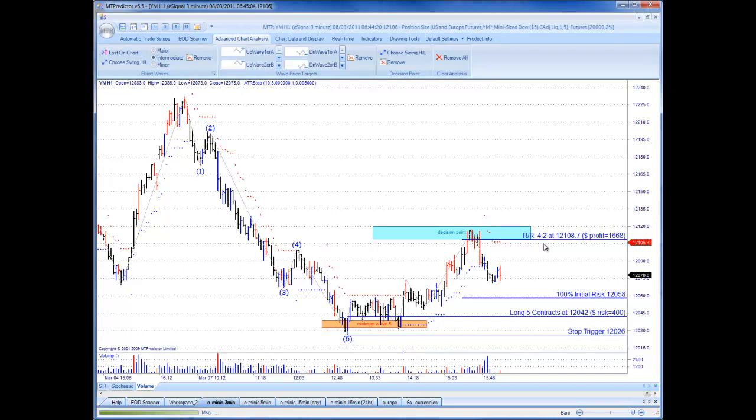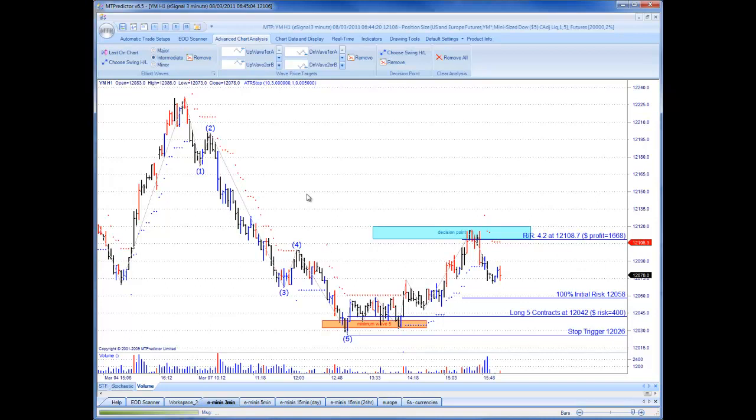So the answer to does Elliott Wave work? Well, yes it does, and as you can see, Elliott Wave patterns unfold in the markets regularly day after day after day. You just need a software program that can help uncover these trades and also give you levels of where these waves are likely to end, and also levels where you can get targets for placing trades off the Elliott Wave patterns, and also controlling your risk with correct position sizing.